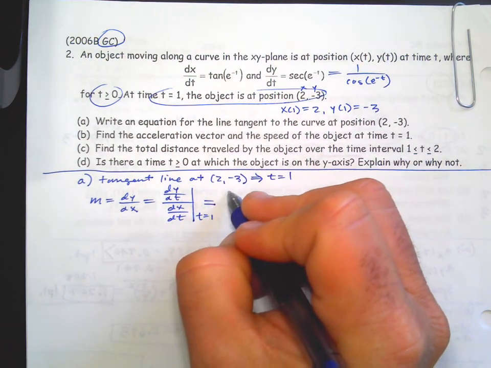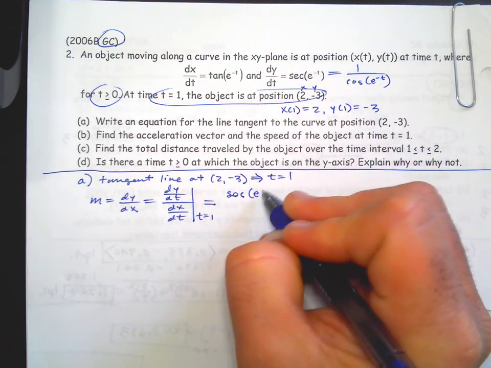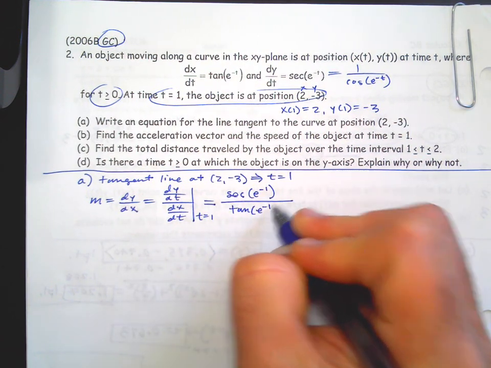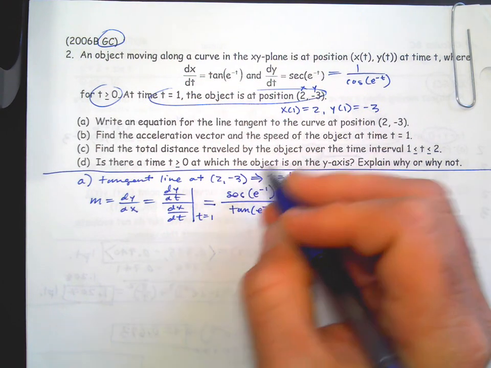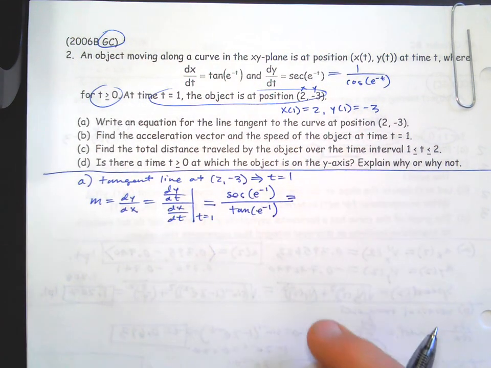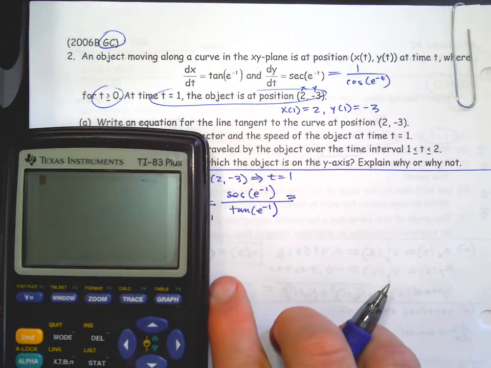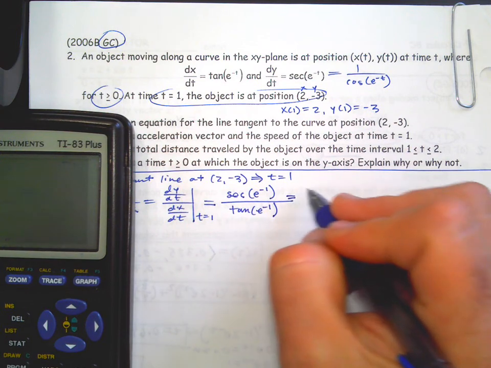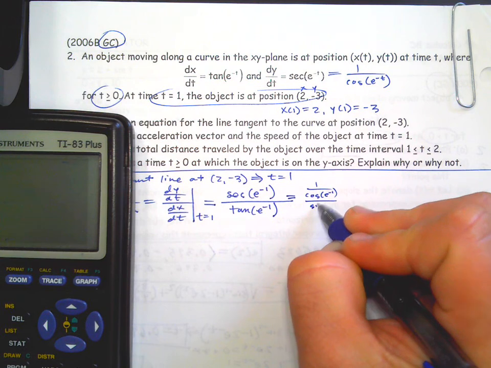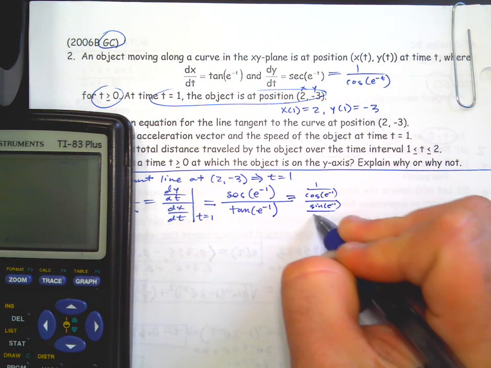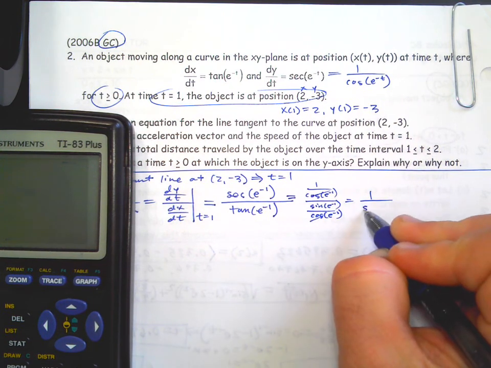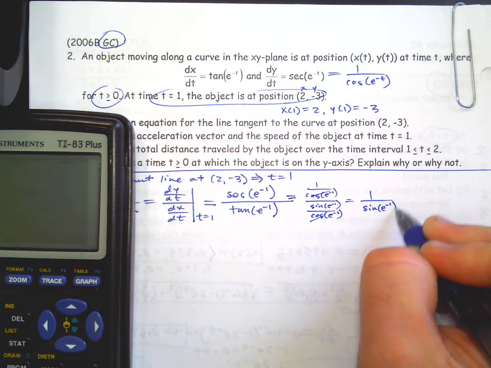So that's going to be secant of e to the -1 over tangent of e to the -1. Now we could type this in our calculator and get a decimal. I mean, we could try and clean it up also, but that's up to you. If you want to clean it up, this is 1 over cosine, right? And this is sine over cosine. So this cleans up pretty nicely to 1 over sine of e to the -1.